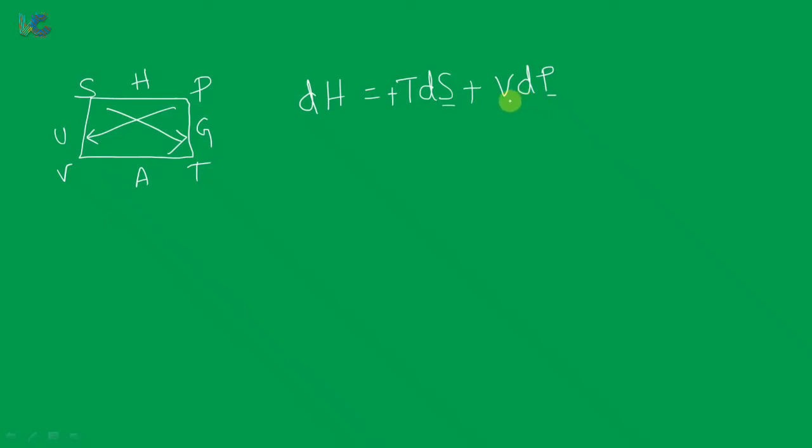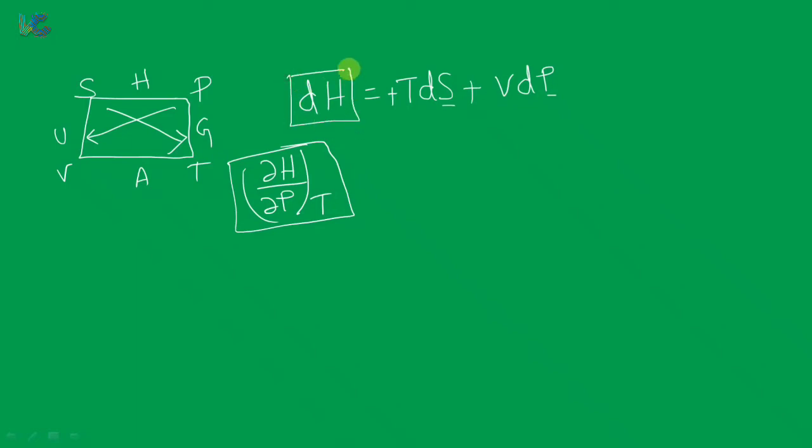Now if you recall what we want to measure, we want to measure this quantity del H del P at constant T. What we have got is dH, but we want the change in enthalpy with respect to change in pressure. So I will divide this equation by dP.